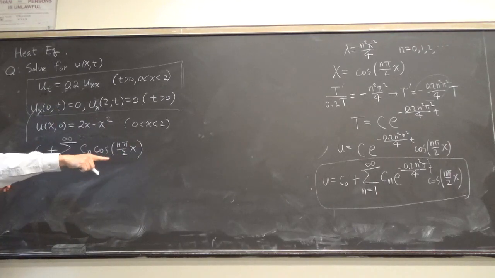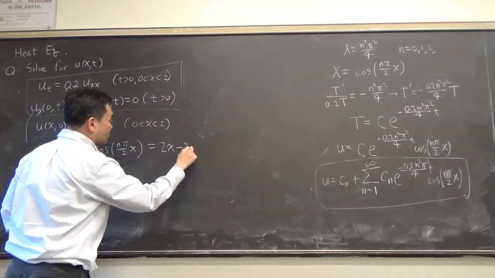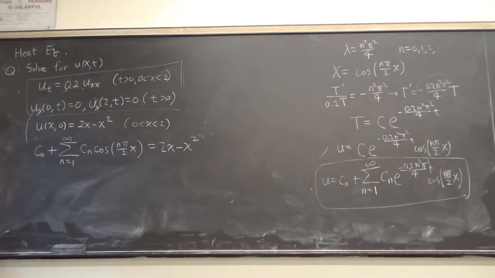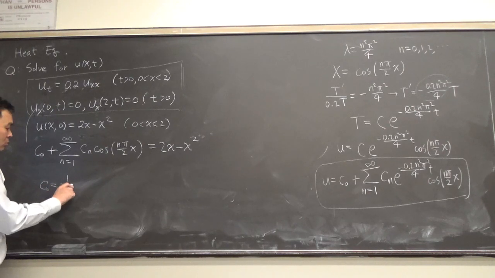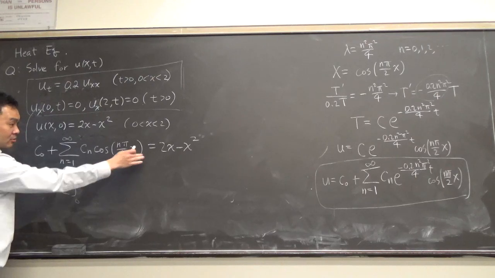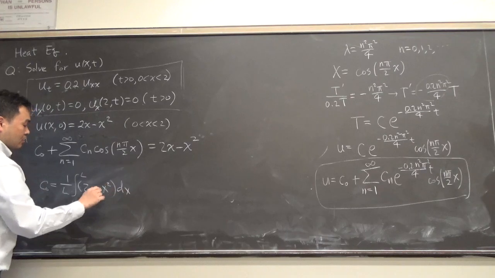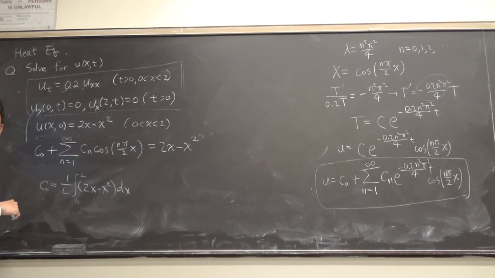That's what you get from there, and that has to match 2x minus x squared, right? What is this? This is the Fourier cosine series, right? And we know that c0 can be obtained by 1 over L, integral from 0 to L of f of x dx, which in our case is 2x minus x squared dx, with L being 2, right?